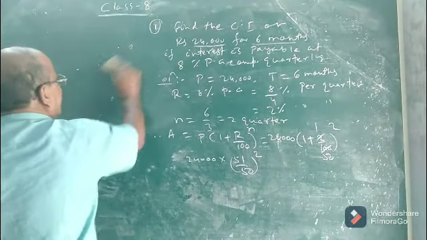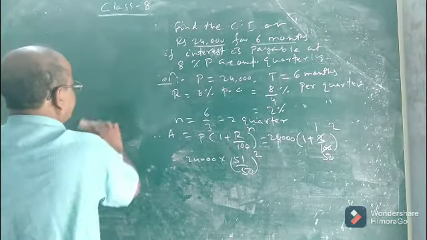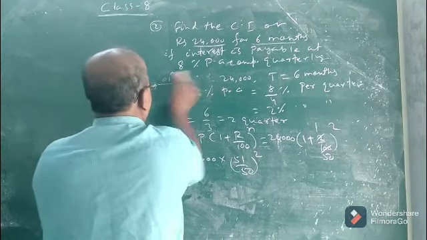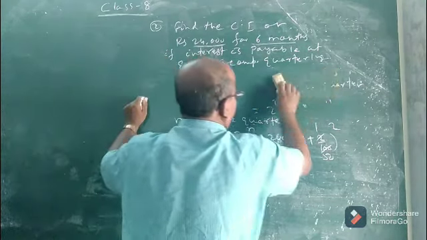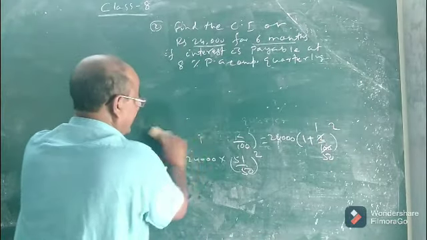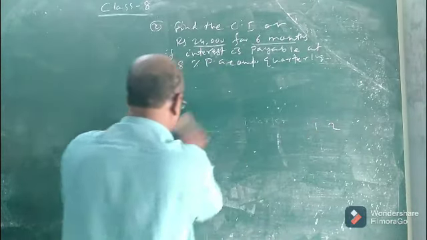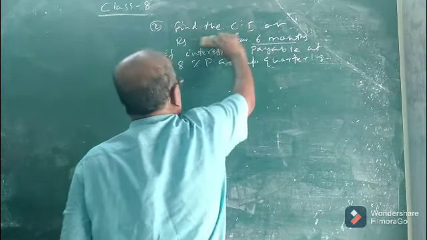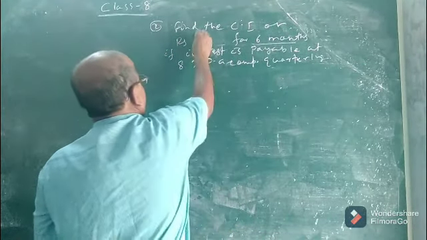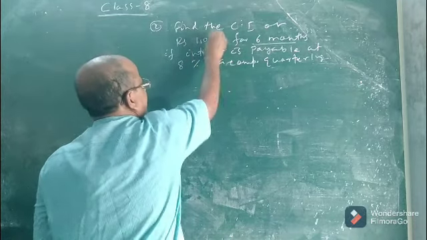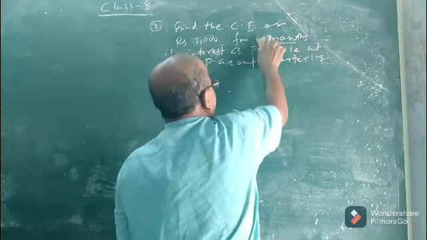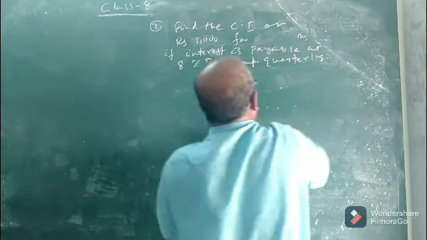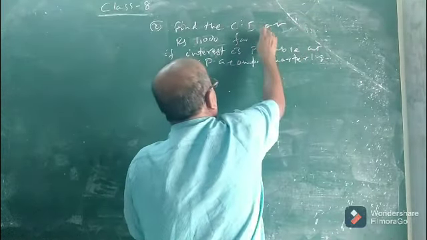Suppose a question is: find the compound interest on rupees 1000. Suppose the principal is given 1000, and the time period is given not 6 months, it is given 1 1/2 years.